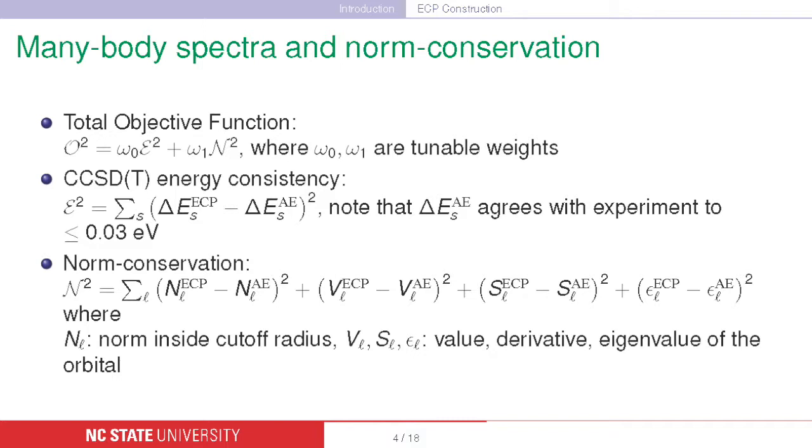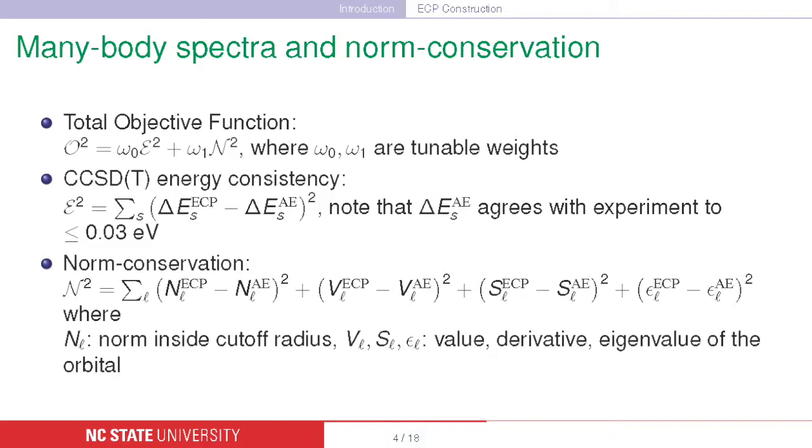Most pseudopotentials have been generated from, say, Hartree-Fock or density functional theory, but we instead use coupled cluster singles, doubles, perturbative triples, and match our ECPs to have the same energy gaps as the all-electron relativistic coupled cluster. It should be noted that whenever you're doing coupled cluster on atoms, it actually agrees with the experimental atomic energies to less than 0.03 eV. So if our ECPs reproduce these energies, then we actually agree with experiment.